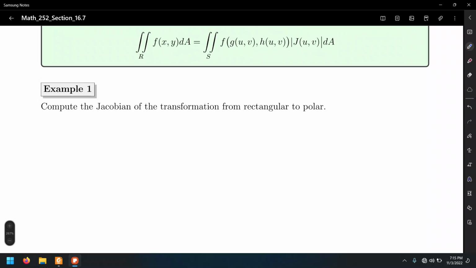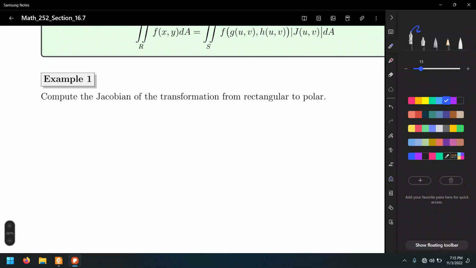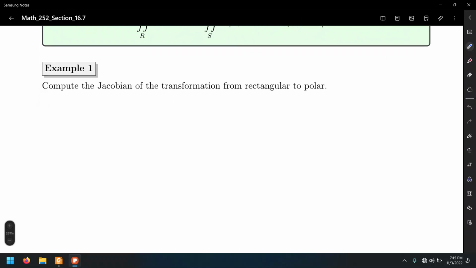Let's, number one, recall the formulas that relate polar and rectangular coordinates. So x is r cosine theta and y equals r sine theta. These are the formulas that we have been using since calculus 2, right? Well, we need to compute the Jacobian.